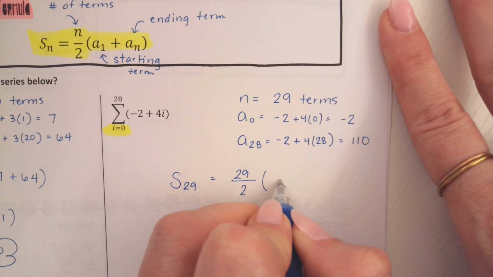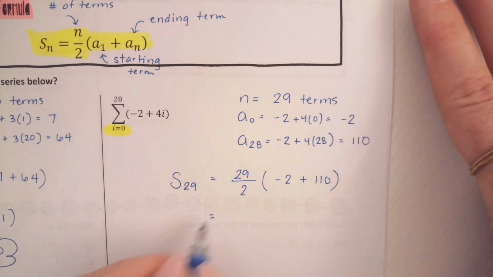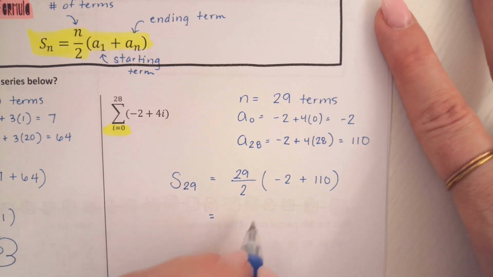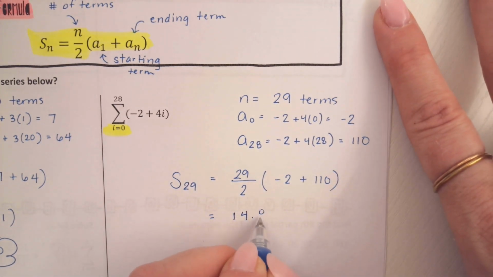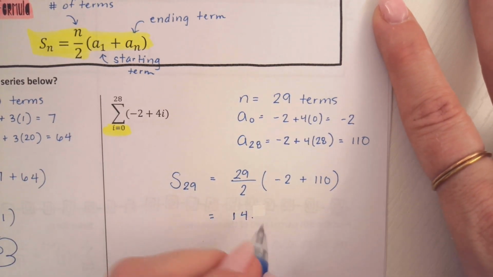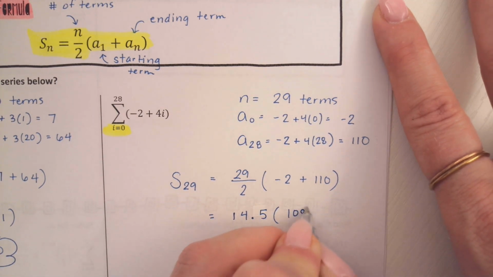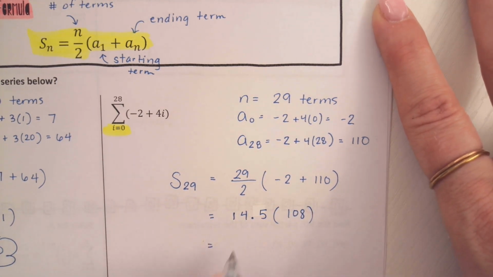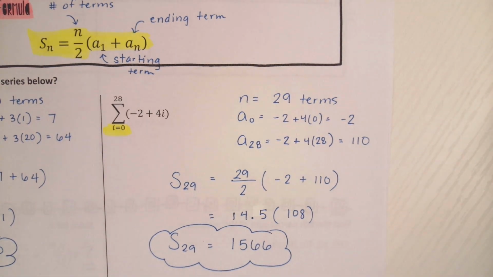Sorry. -2 plus 110, which would be 14 and a half, not 14.8, 14 and a half times 108, which is 1,566. Good.